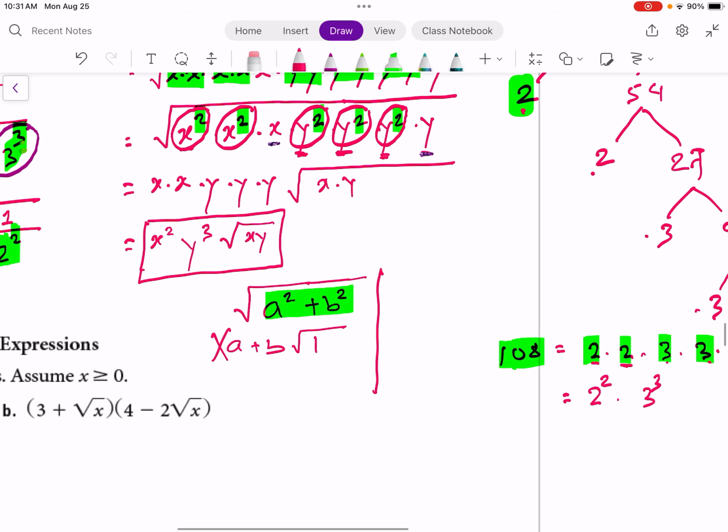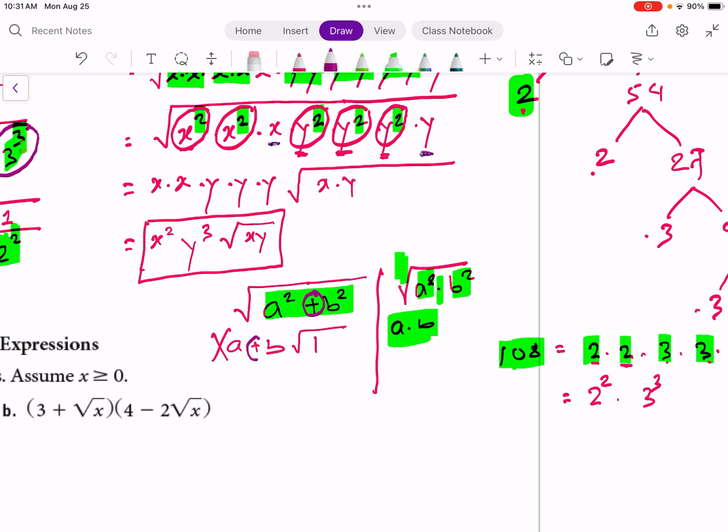Instead of this, if we had something like a square times b square, now this is a times b. So it has exponent 2, which is the same as the index. It has exponent 2, same as index, and in between these two expressions we have a product. So we can get rid of the radical sign here. But in the first case we have a positive.